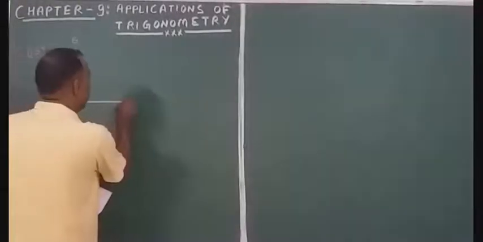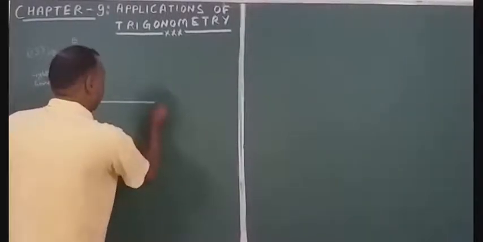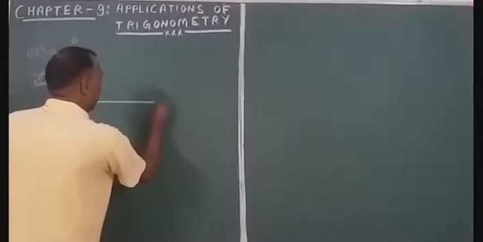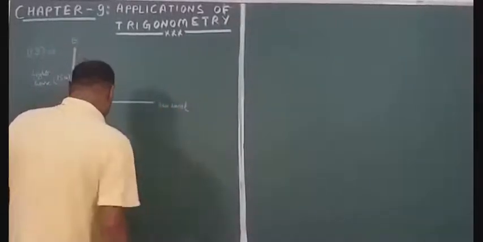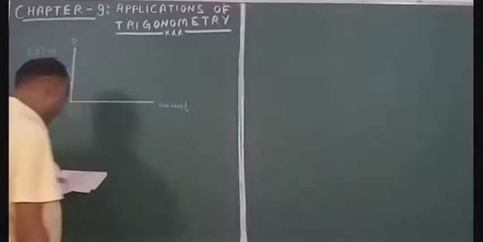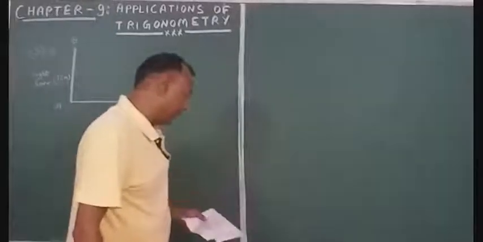Suppose this is the sea level. The angles of depression of two ships are 30 degree and 45 degree.